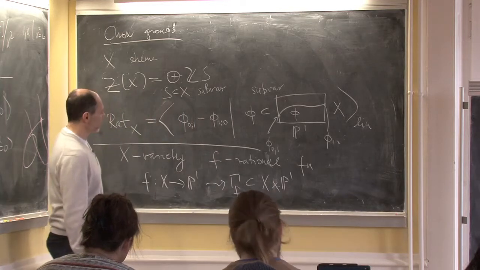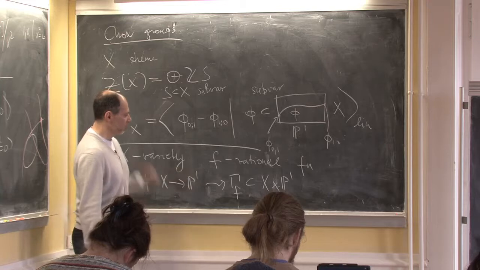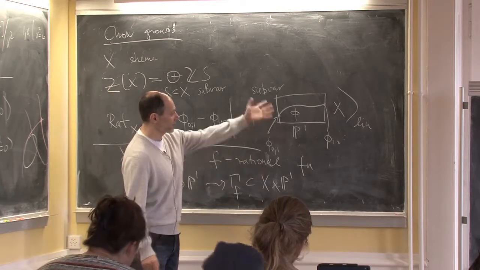So you can think of rational functions as functions from X to P1, and then you can look at their graphs.